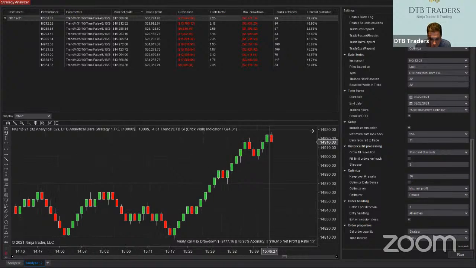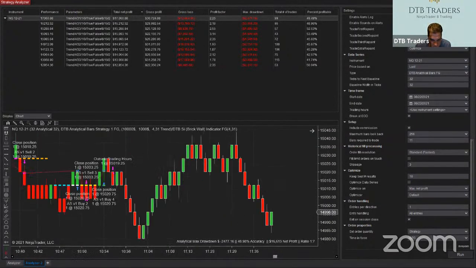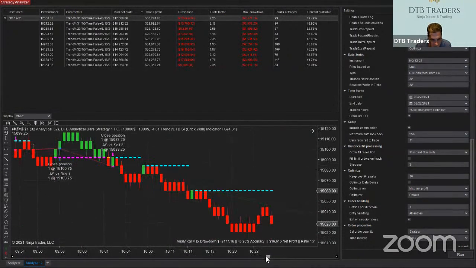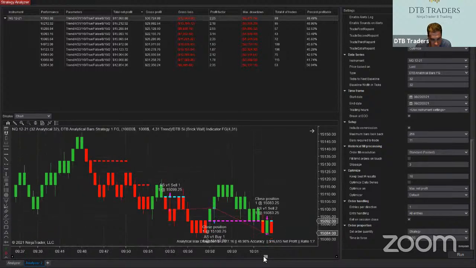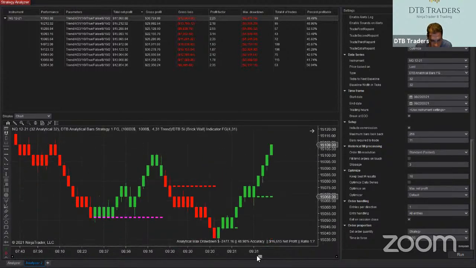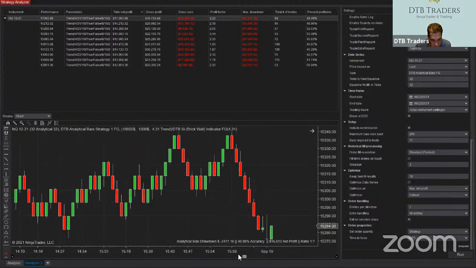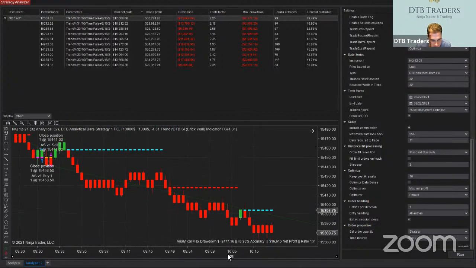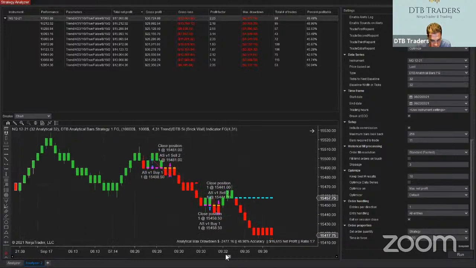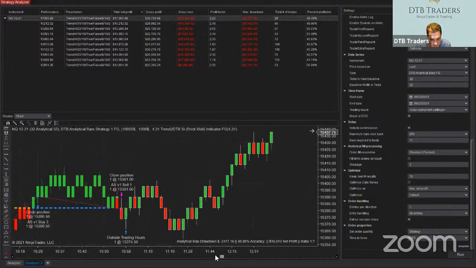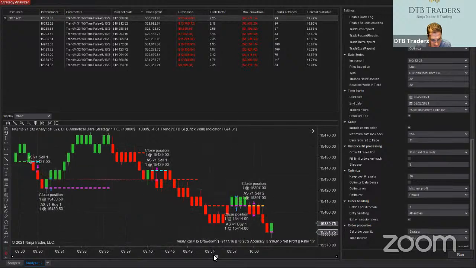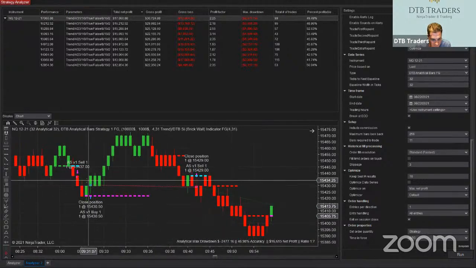With this, it should only be about 2 or 3 bars where it will switch over the signal, but it's been fairly consistent. If you look at the actual drawdown, the maximum drawdown over the period, it has been fairly consistent with not having long running positions. So there's a beautiful example.